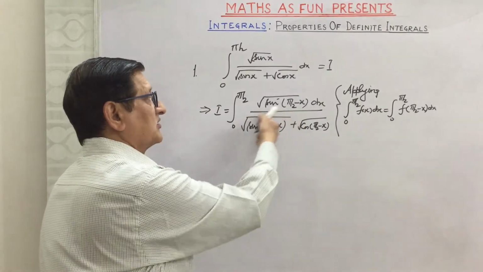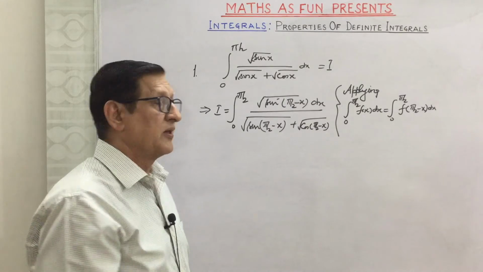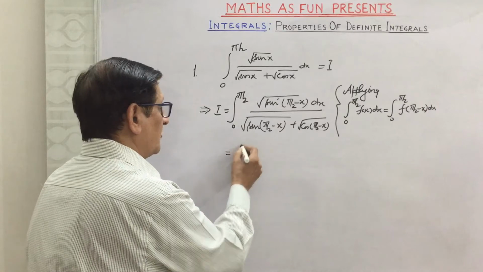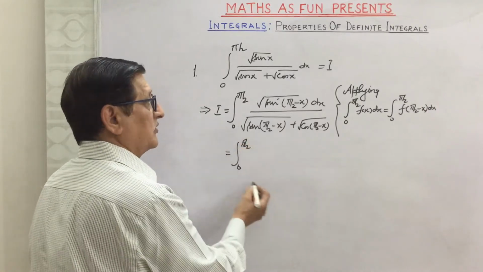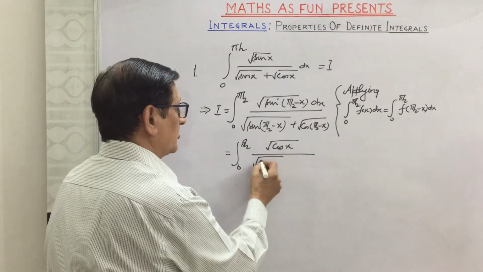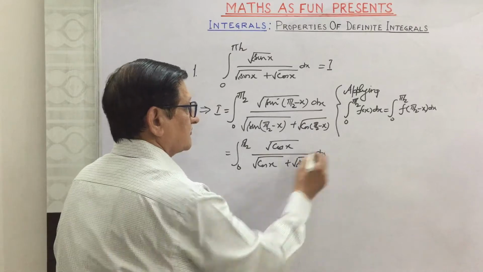Then we know the formula sin(90 minus theta), or sin(pi by 2 minus theta), is cos theta, and cos(pi by 2 minus theta) is sin theta. So we will get this as integral from 0 to pi by 2 of root of cos x upon root of cos x plus root of sin x.